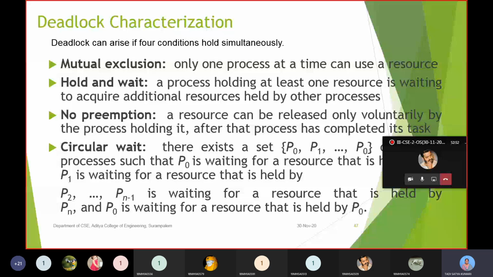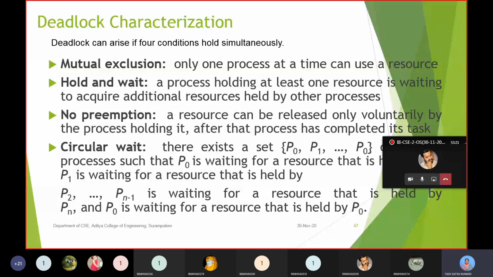If a process has been allocated one resource and needs one more that is not immediately available, it should not release the resource already allocated. It has to release that resource only when it completes its execution. That is called no preemption.